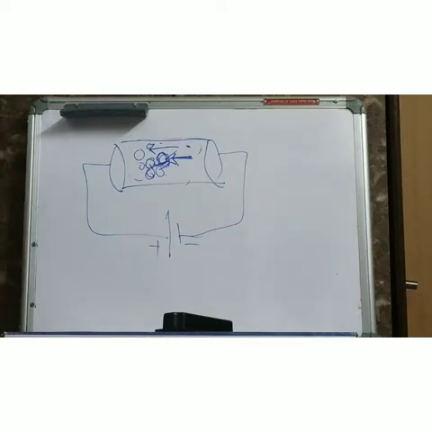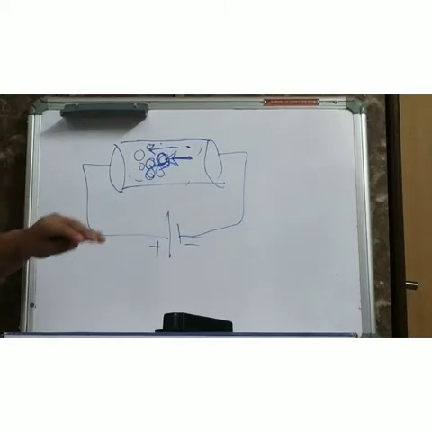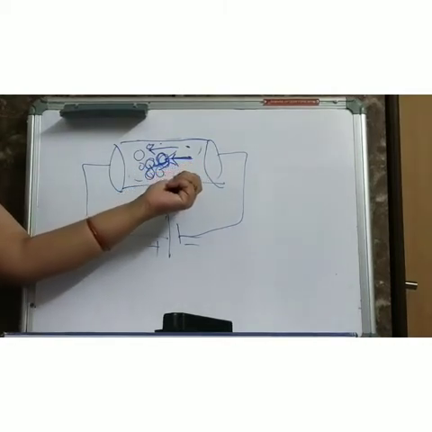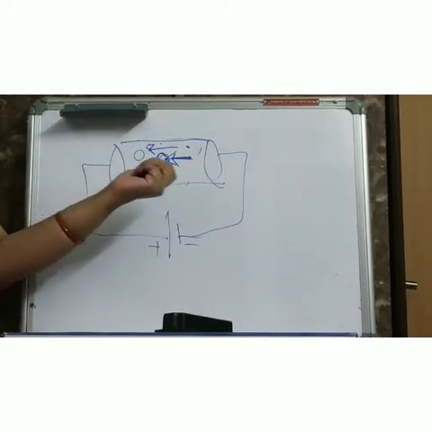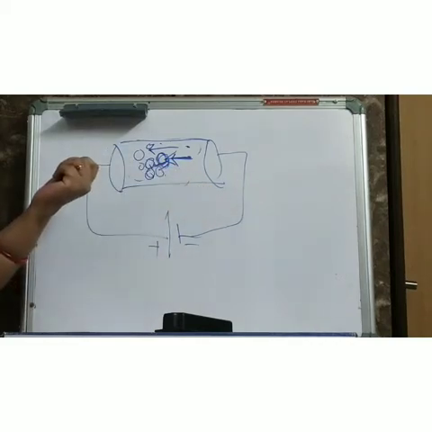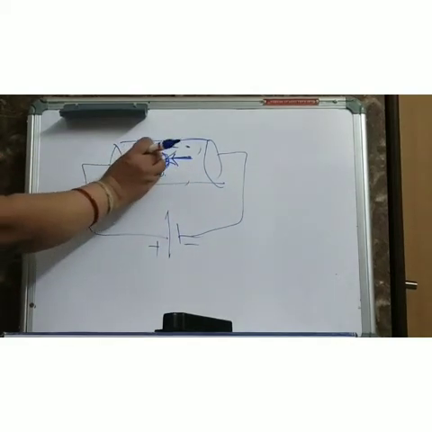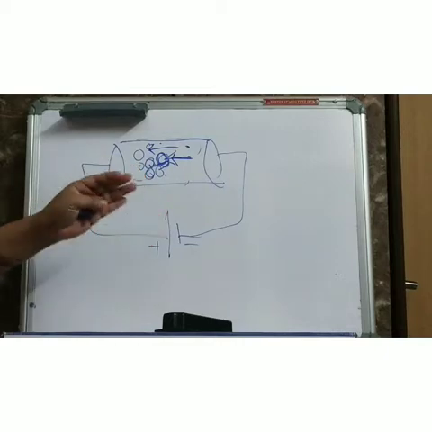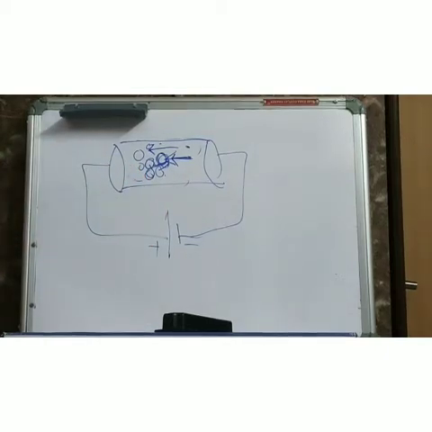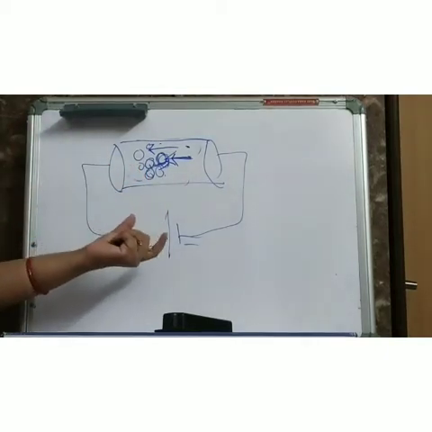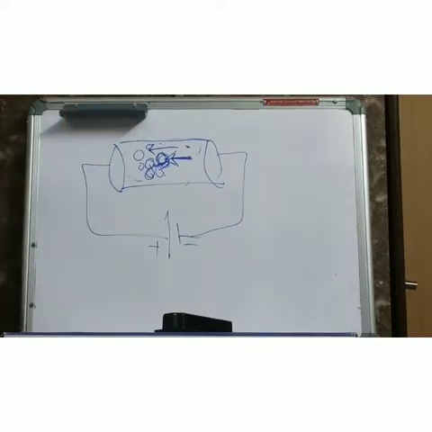So from there we get the term drift speed. What is the drift speed? This is the average speed with which electrons drift in a conductor. And these collisions are only obstructing the drifting of electrons, and this obstruction is only resistance.